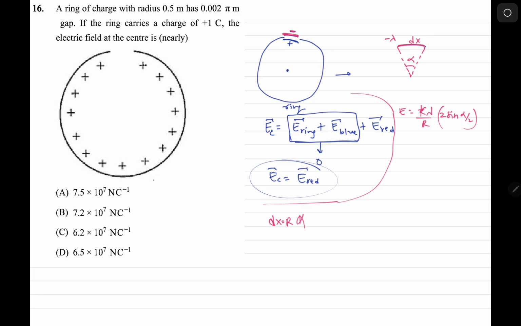What is dh here? 0.002 pi. What is r? 1 by 2, into alpha. So alpha is 0.004 pi, which is very small. If the angle is small, sine alpha becomes alpha. So I'm using that approximation here: k lambda by r into 2 into alpha by 2.